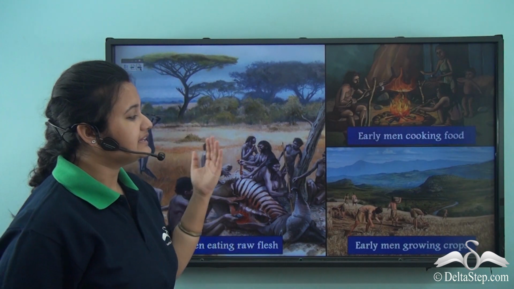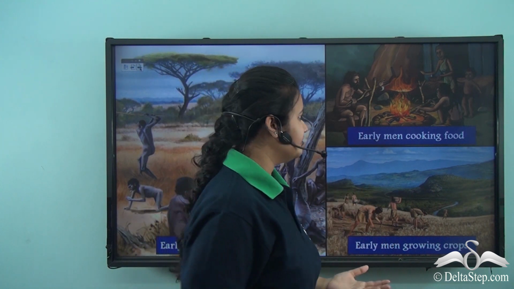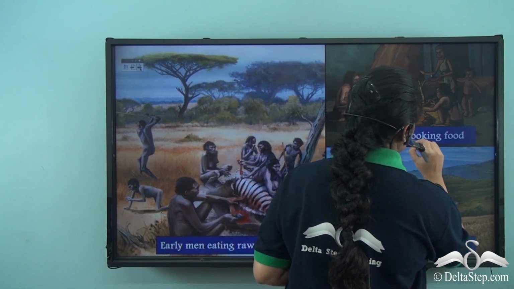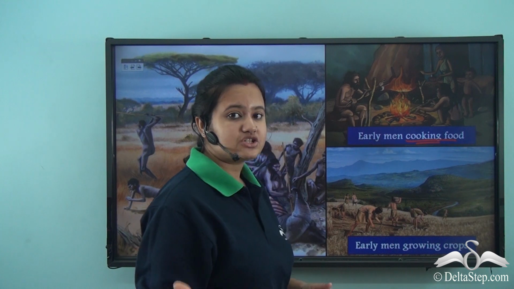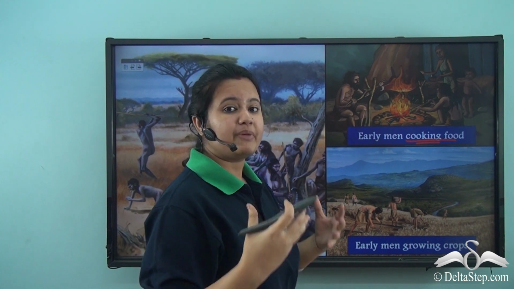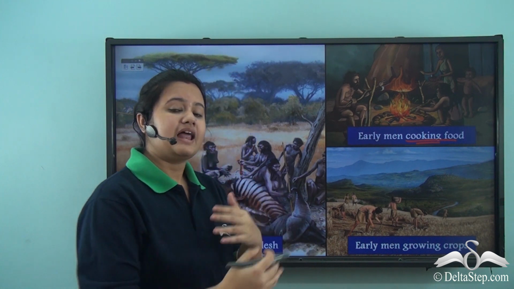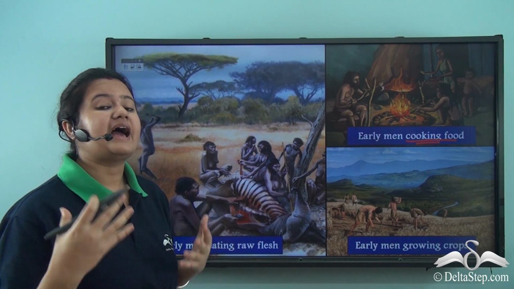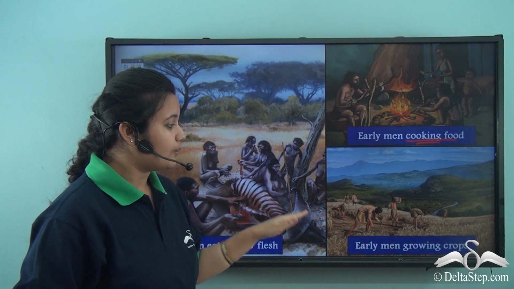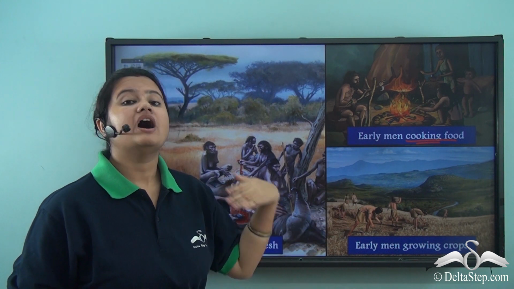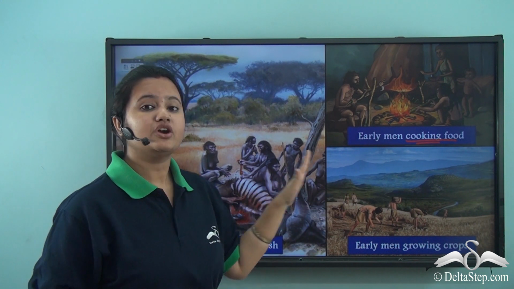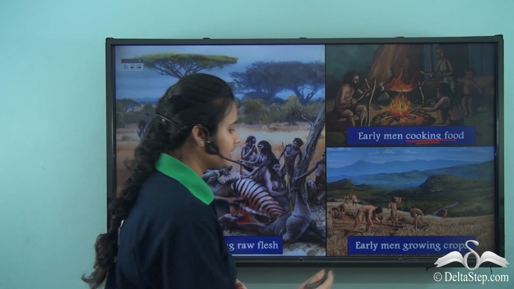But once they discovered fire, they used to cook food instead of chewing it raw, and cooking made the food softer and tastier. Their lifestyle progressed further and their food habits changed when they mastered the art of growing crops, that is agriculture.